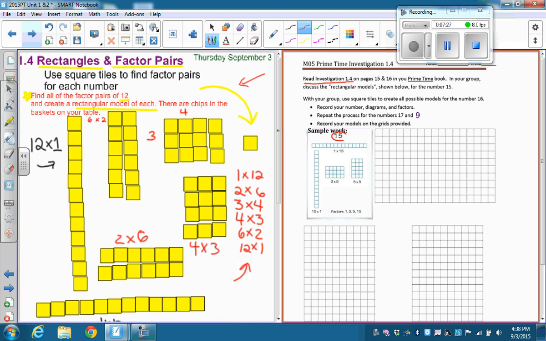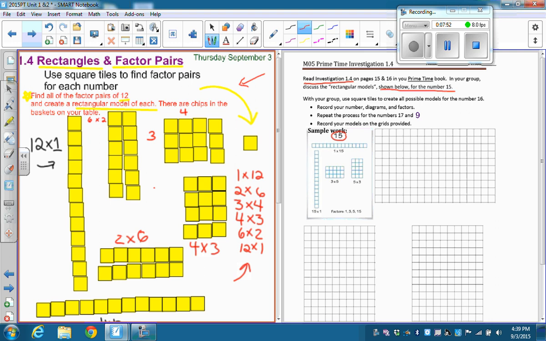So here's one. It says, in your group, discuss the rectangular model shown below for the number 15. When you look at this, do you see only rectangles, or do you see any squares? No squares, right? How about here? Do you see any squares? We're going to be looking for those too.